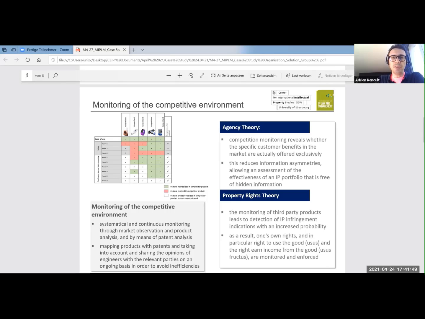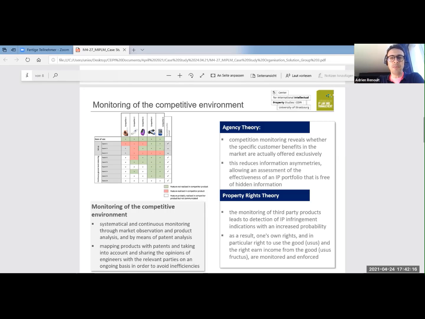From a licensing theory point of view, you will mitigate the hidden information on the products because you will do your own analysis of the products. Therefore, you will have good competition monitoring, and it will reveal if a specific customer benefit is realized with the product of the other.